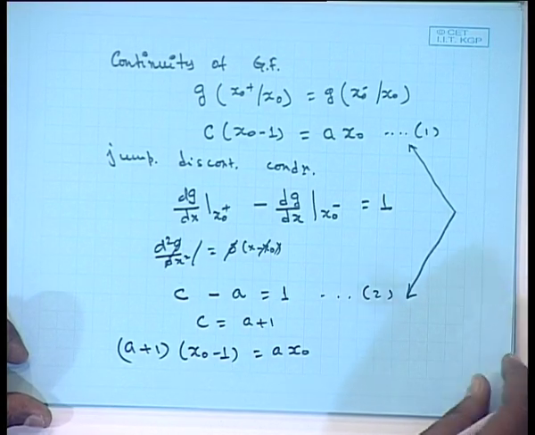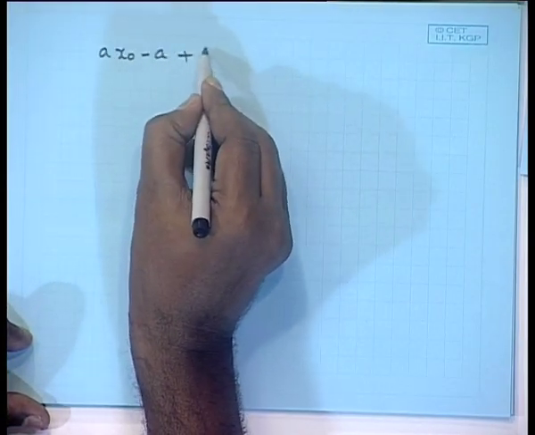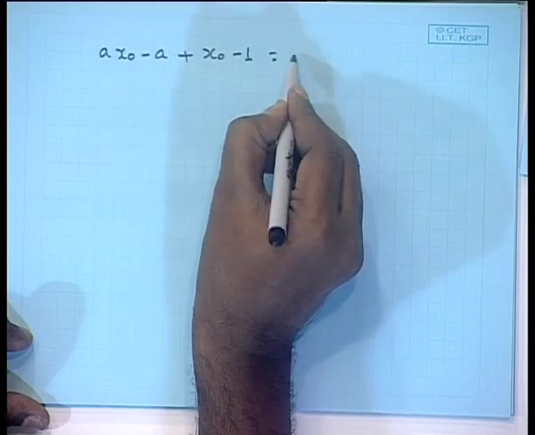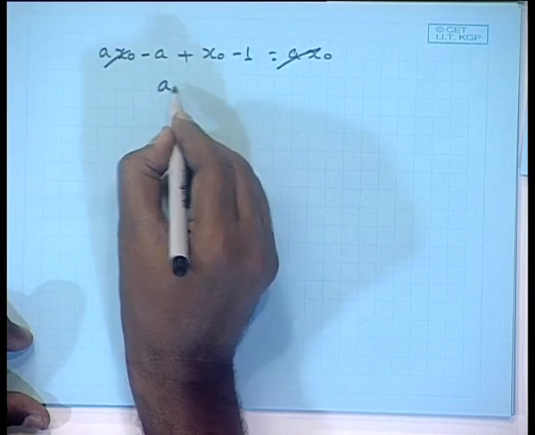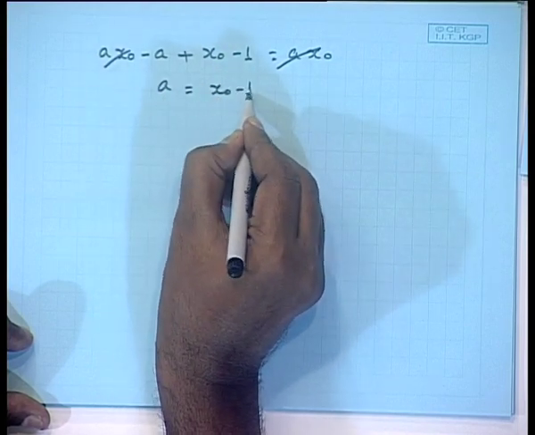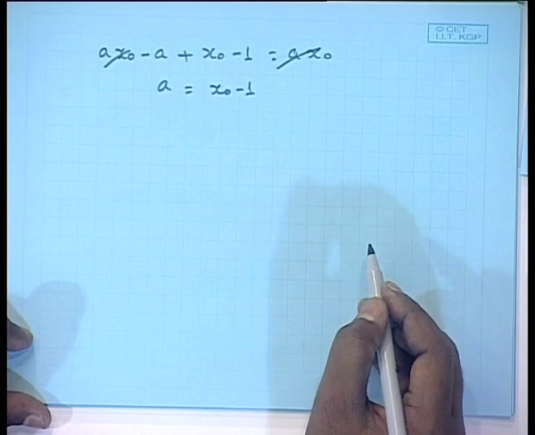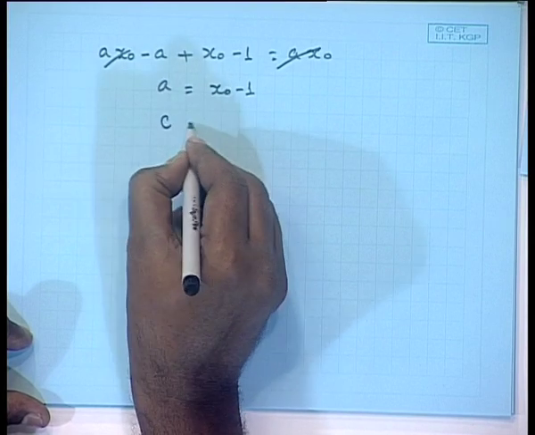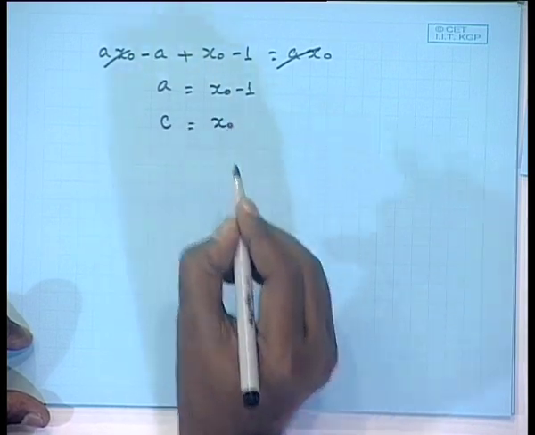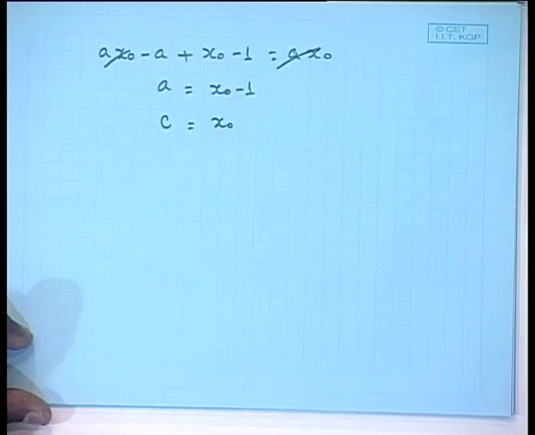Right. So, what is this? A x naught minus a plus x naught minus 1 is equal to a x naught. So, a x naught will be cancelled out, and a will be simply x naught minus 1, right. If a is x naught minus 1, your c is equal to a plus 1, so c is equal to x naught. So, what is the solution of the Green's function now?